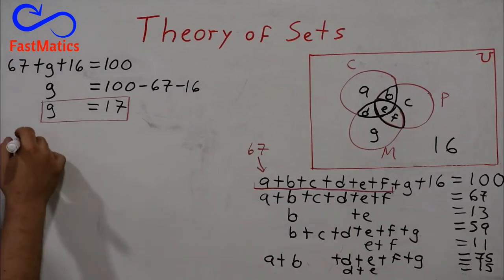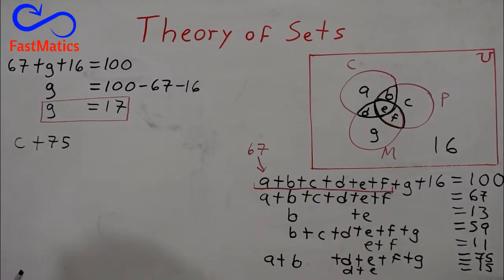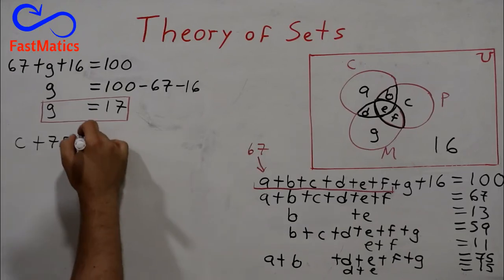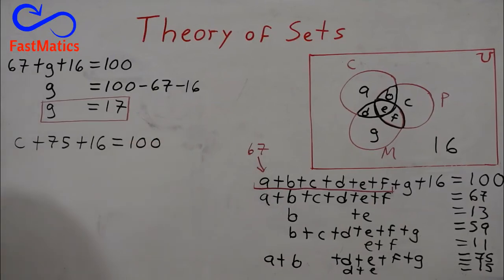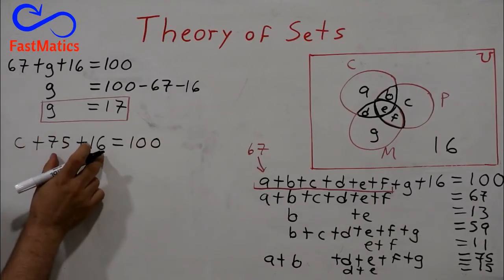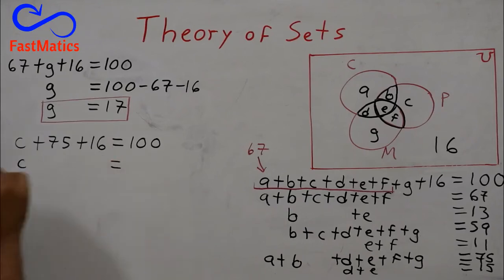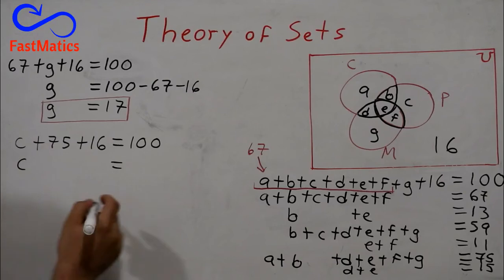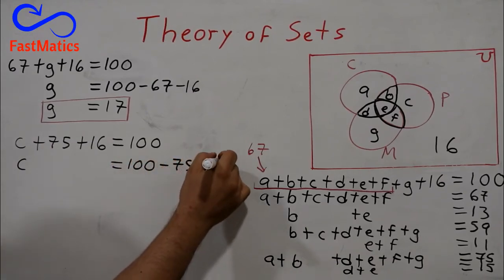Then I write C plus 75 plus 16 is equal to 100. Then I move those numbers to the right, and I have C. Then C is equal to 100 minus 75 minus 16.